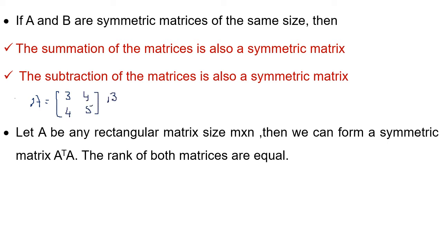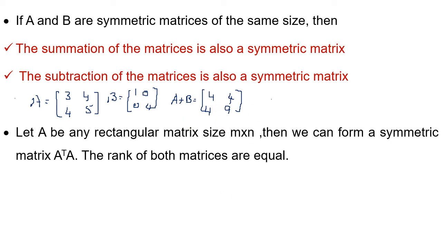B is defined as 1, 0, 0, 4. Then A plus B will give me 4, 4, 4, 9. And if you observe, this is a symmetric matrix because you have Aij equal to Aji. The mirror image is present.